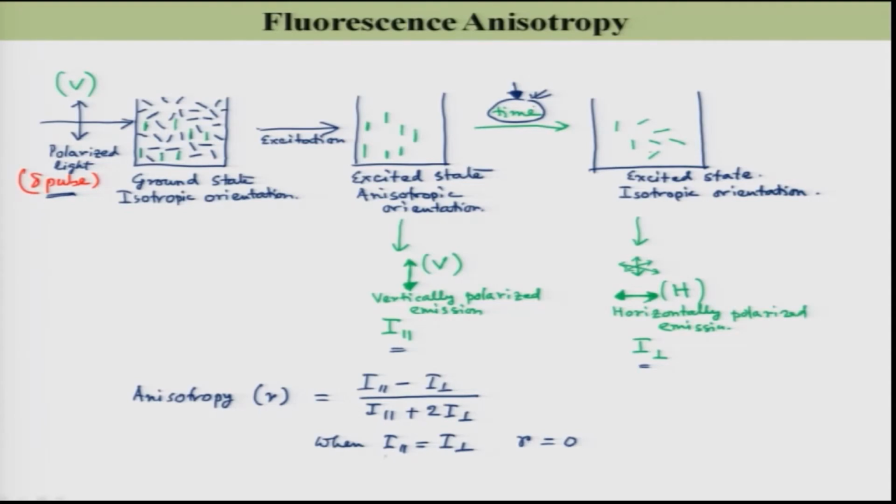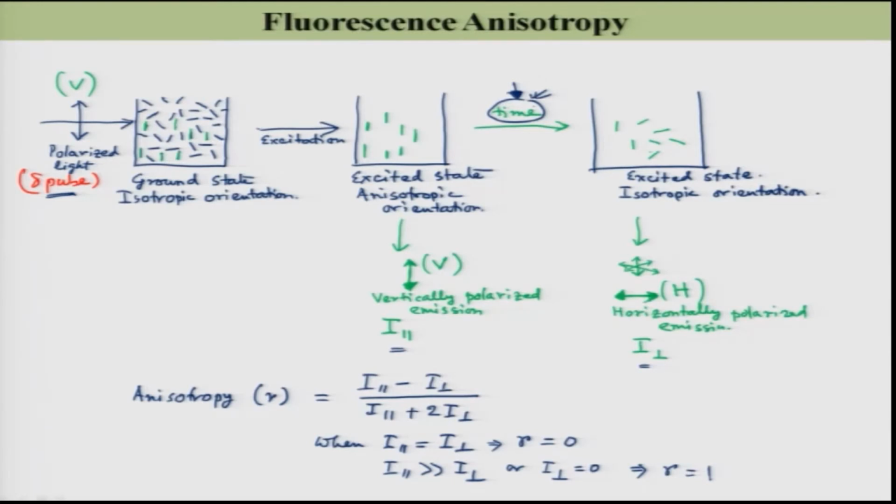And when I parallel is much greater than I perpendicular, or I can say when I perpendicular is 0, for those things I said, like a rigid matrix, I can write R is equal to 1. So, the value of R ranges from 1 to 0.